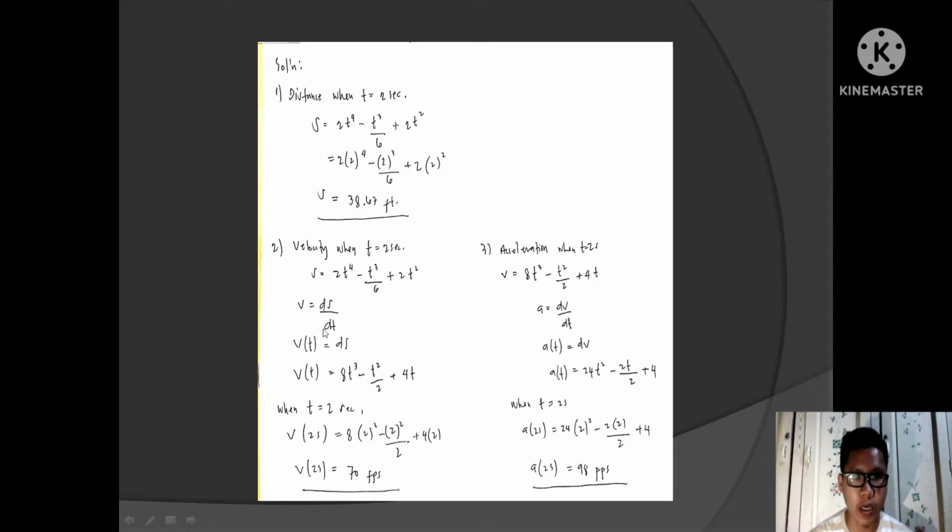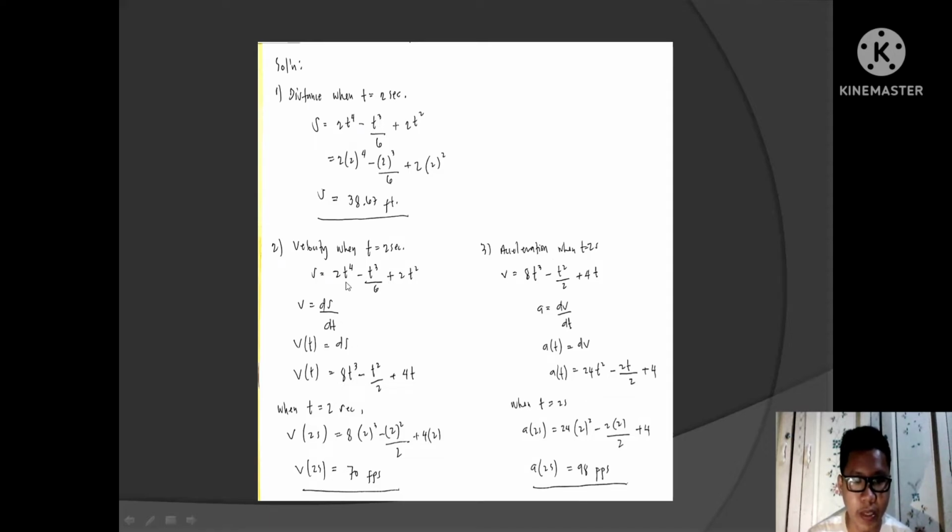Therefore, cross multiply, wherein v is equal to ds over dt. So what we are looking for here is the derivative with respect to time t of the equation of s.